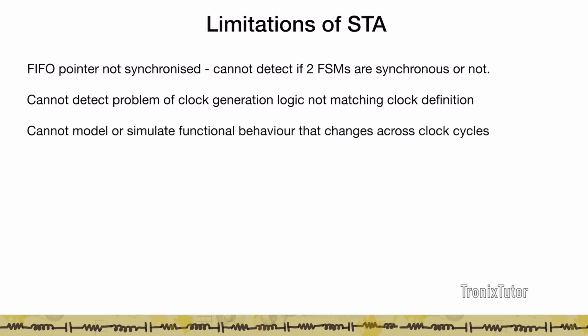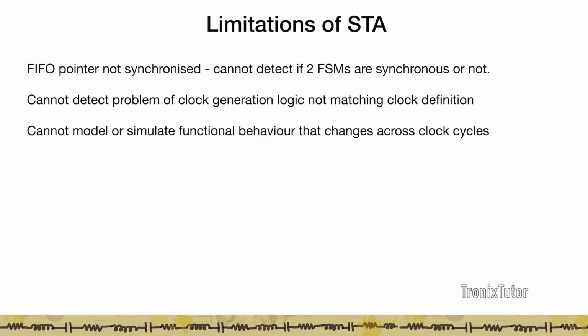A FIFO pointer that's not synchronized cannot be optimized. If I have two FSMs, STA cannot check if those two are synchronous or not, right? It references the clock. So if I have two FSMs, it can't tell if the clocks are the same or what happens at the interface. It cannot detect any issues with clock generation logic or with not matching clock definition.